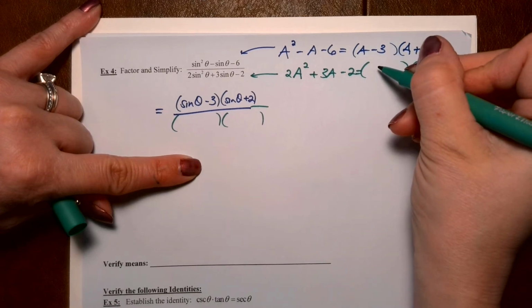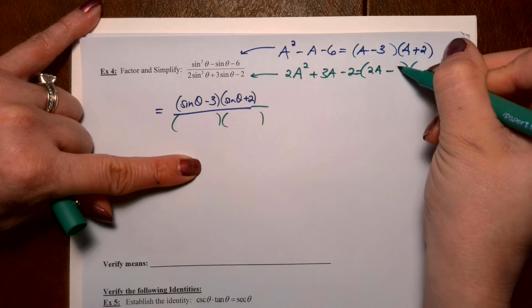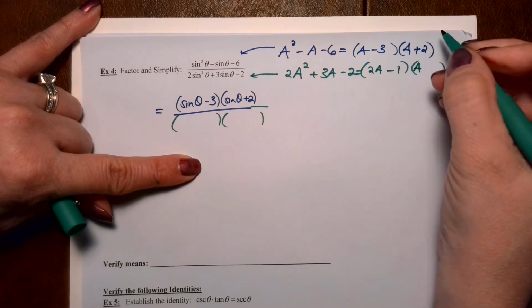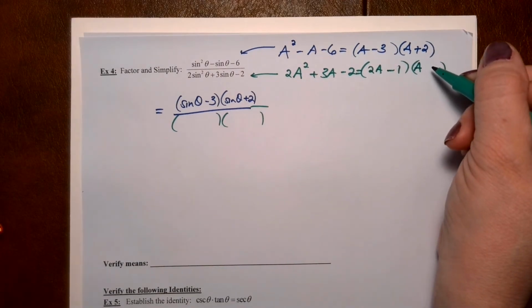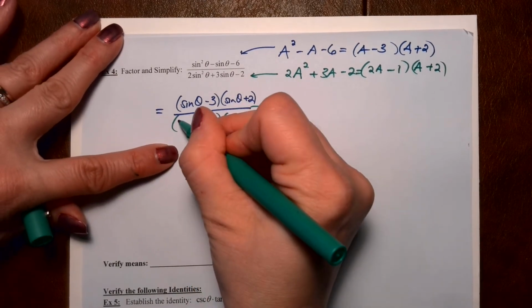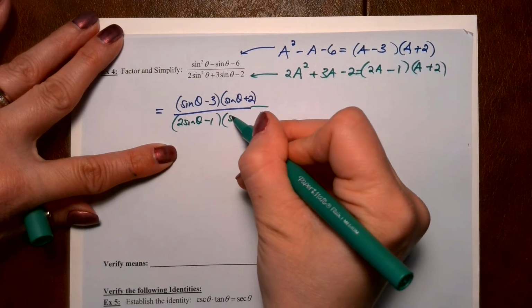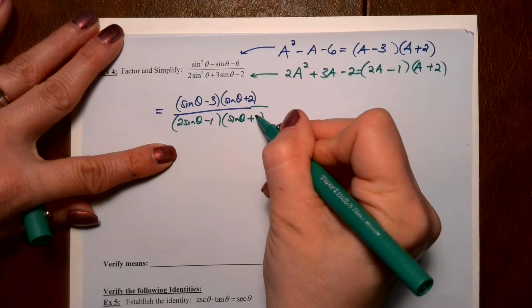So this is going to be 2a minus 1 and a plus 2. So down here that would be 2 sine of theta minus 1 and sine of theta plus 2.